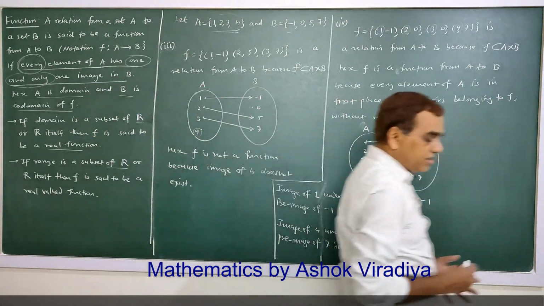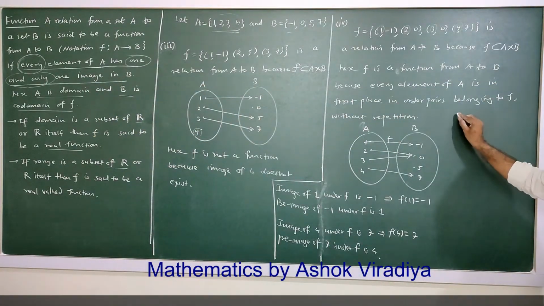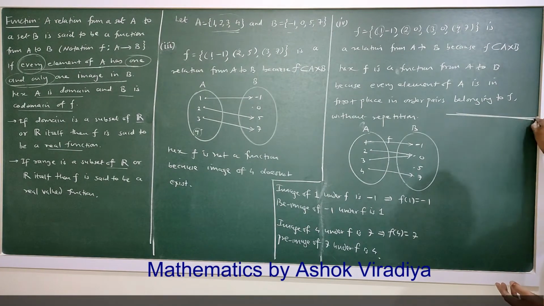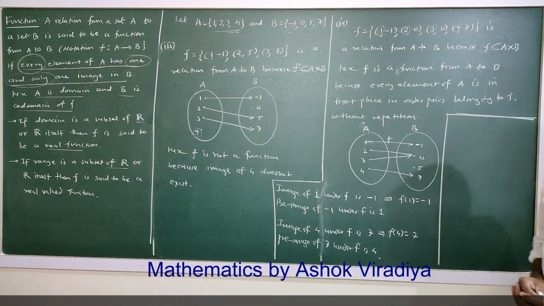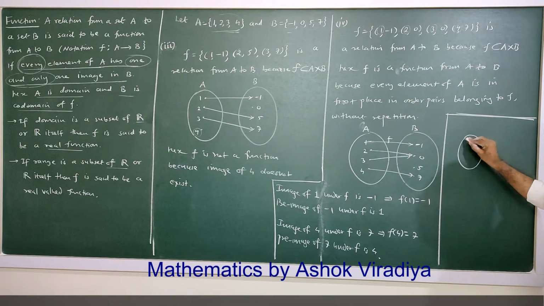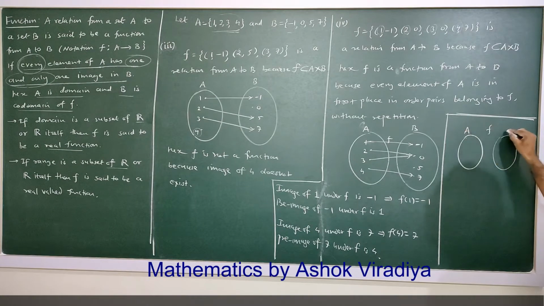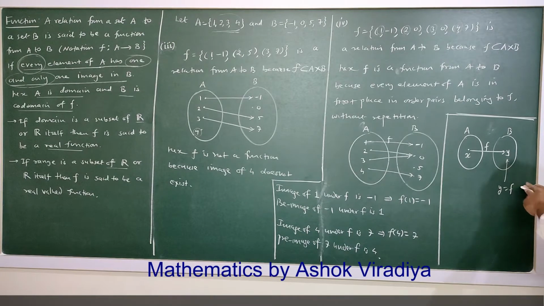So in this discussion, if f is a function from A to B, and the image of x is y under f, then y is the image of x under f.